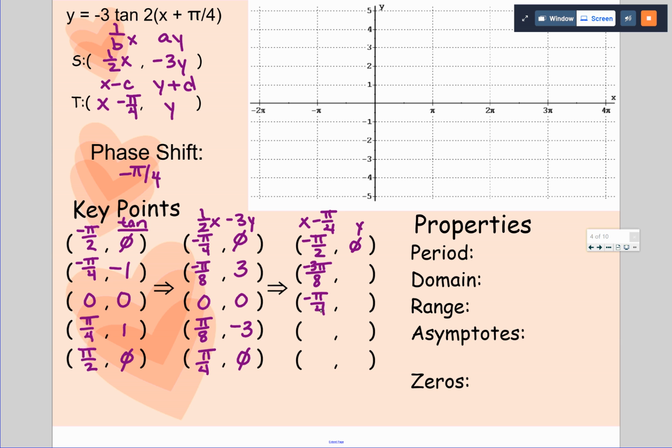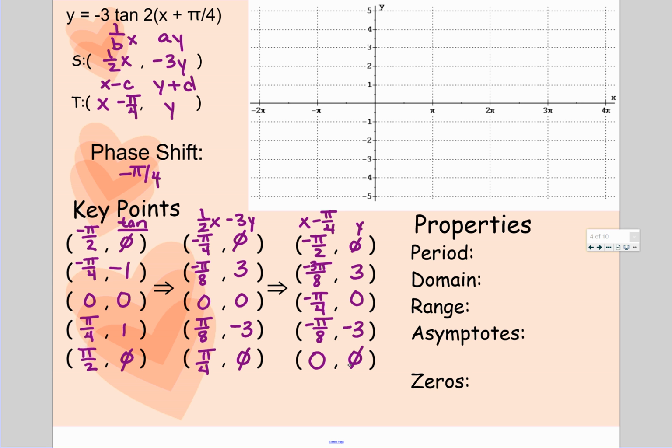If I have positive pi over 8 minus pi over 4, I can think of it like positive pi over 8 minus 2 pi over 8. It gives me negative 1 pi over 8. And then pi over 4 minus pi over 4 gives me 0. Y values stay the same. 3, 0, negative 3, undefined. Okay, so all of that math there, that's the same as our sine and cosine functions.